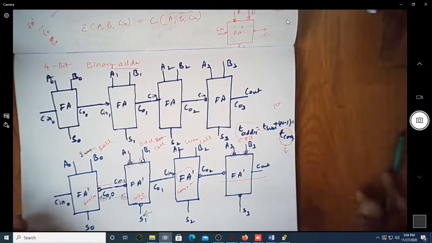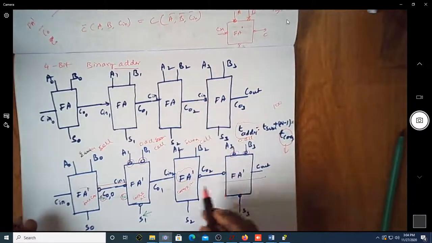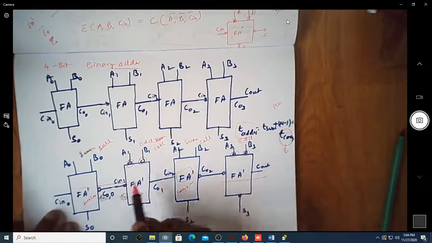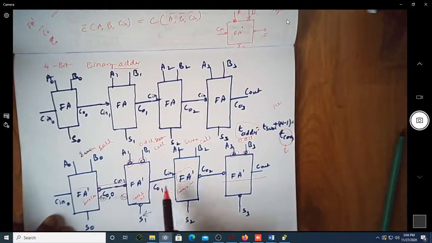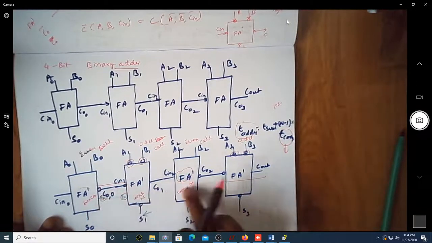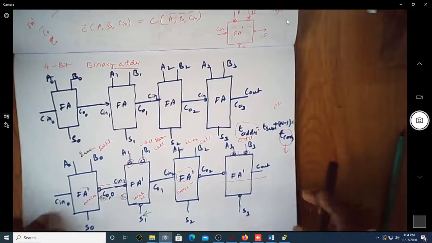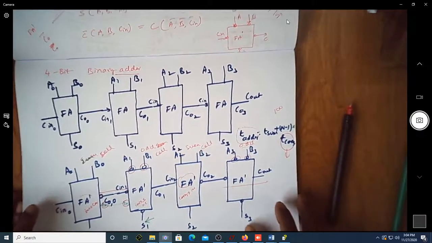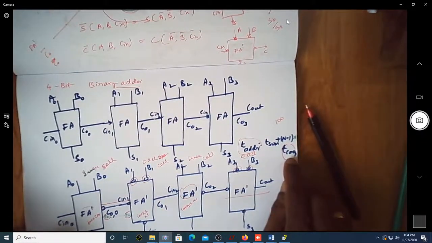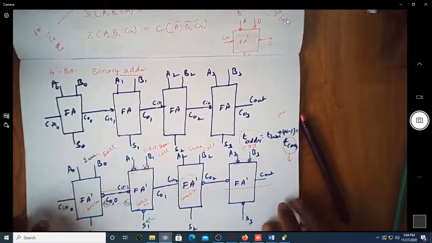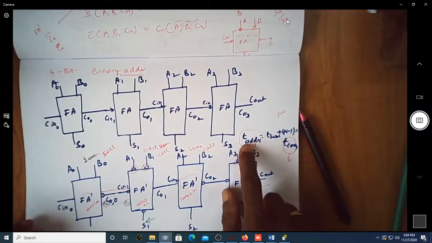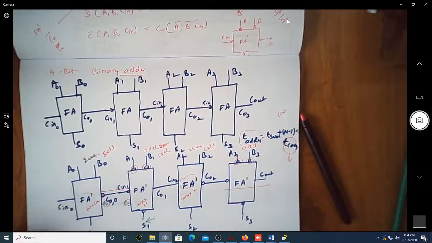The adder time is effectively reduced compared to this, because you are eliminating 4 inverters in the carry path. So this way we can effectively reduce the value of T carry, so that the effective time required for the adder will be reduced.